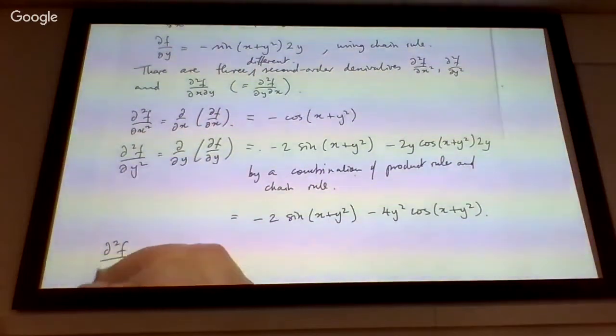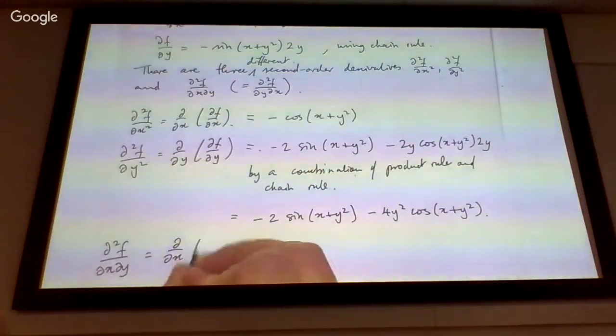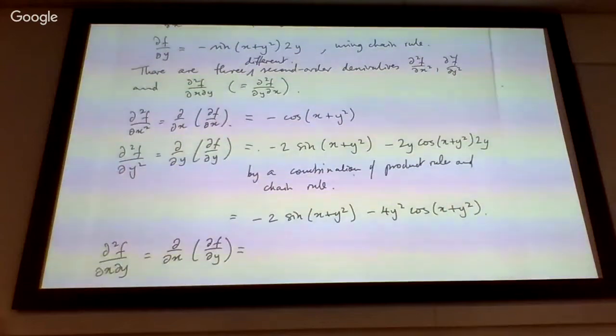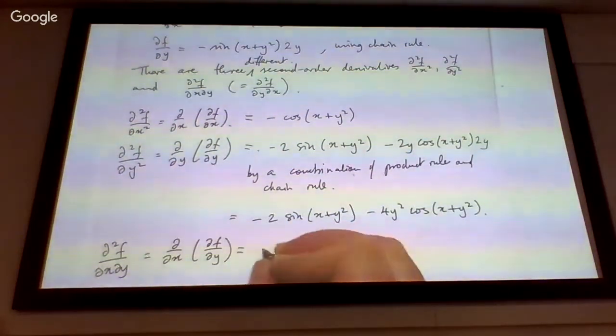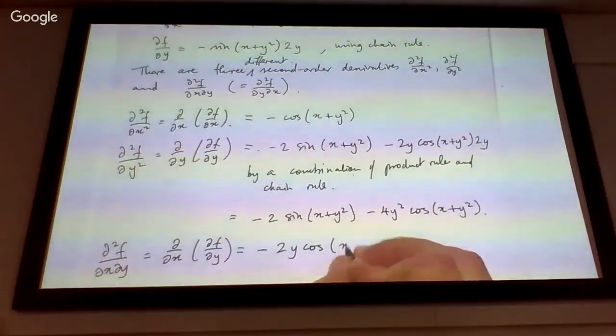So we need d2f dx dy, and we'll indicate that as the x derivative of the y derivative. The y derivative we have just at the top of the screen there. So we're differentiating that with respect to x now. So it's going to be minus 2y times the cosine of x plus y squared.